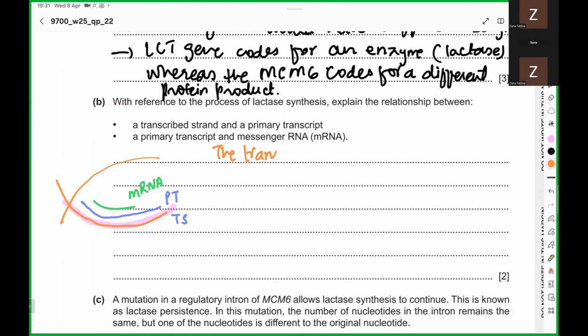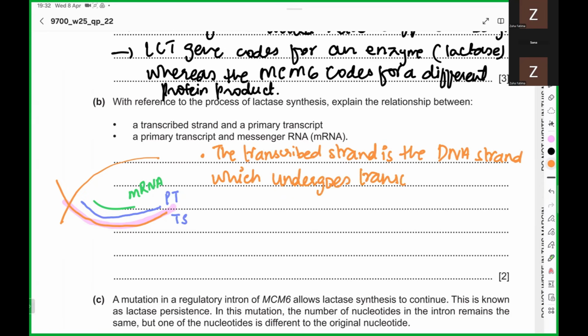The transcribed strand is the DNA strand which undergoes transcription to form a complementary primary transcript.